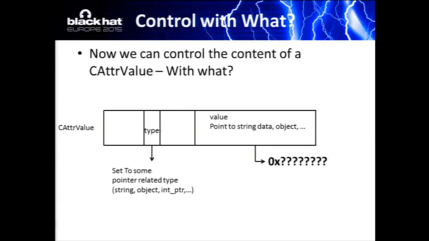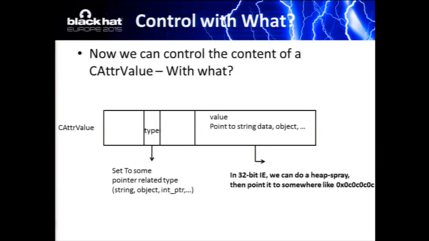If we are exploiting a 32-bit Internet Explorer, it would be simple, because we could spray a lot of memory blocks and then let the pointer point into the memory we sprayed, like this address. But in 64-bit IE, this kind of heap spray will not work, as we said before.